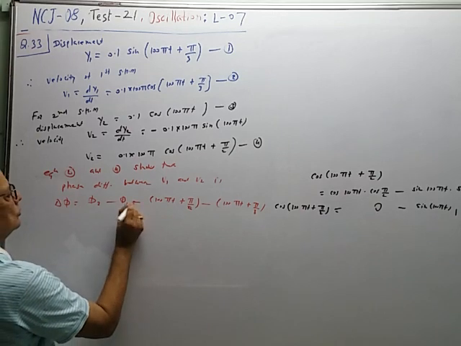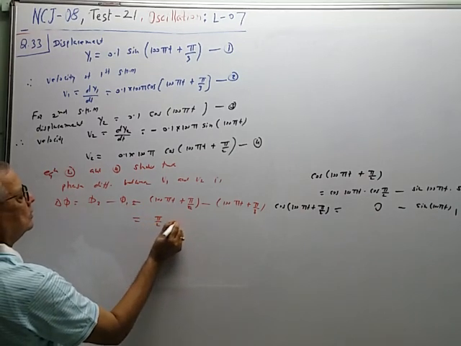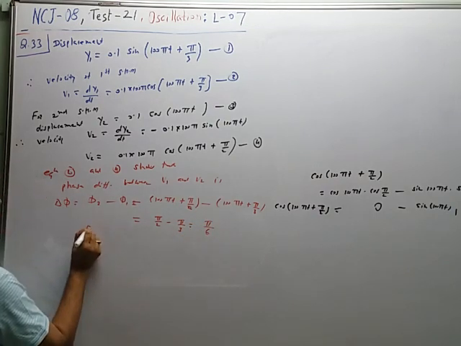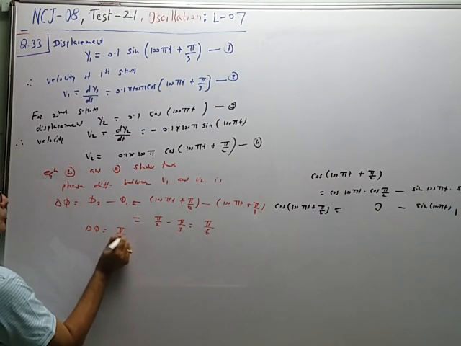Since both have cos, we can directly compare. So this is equal to pi by 2 minus pi by 3, that is equal to pi by 6. So delta phi is equal to pi by 6.